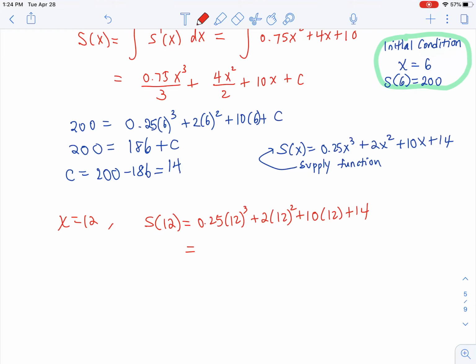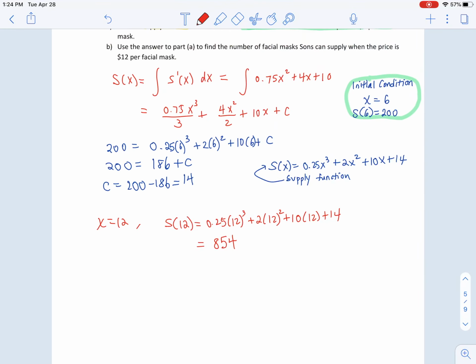And I'll do that too over here: 0.25 times 12 cubed, plus 2 times 12 squared, plus 10 times 12, plus 14. And 14 was the constant that we found, right? It came out to be 854.